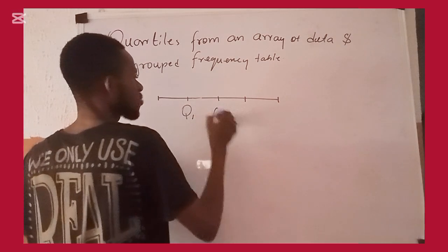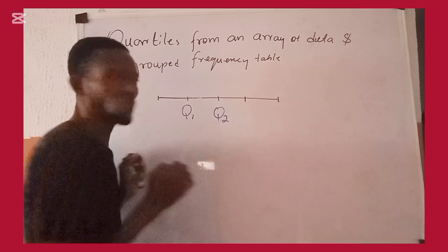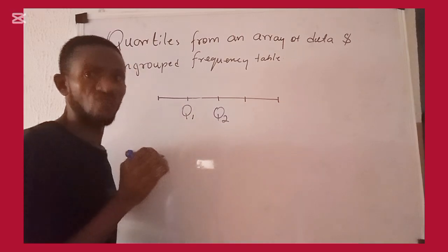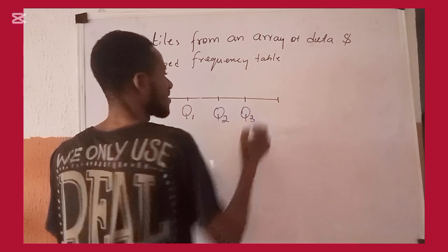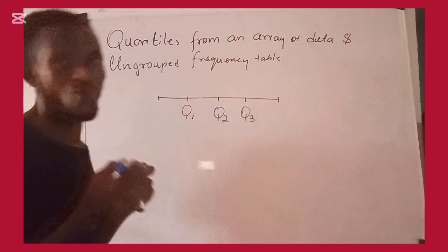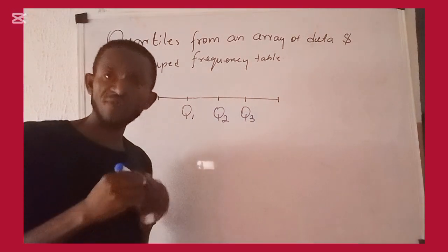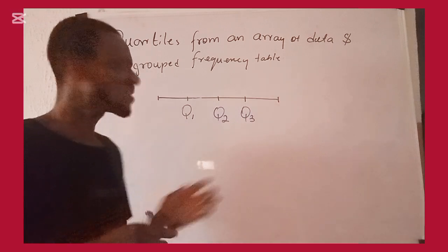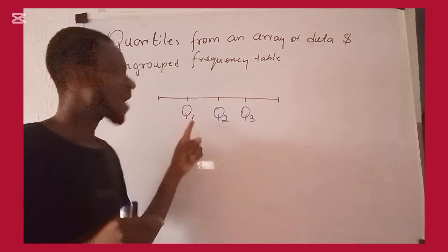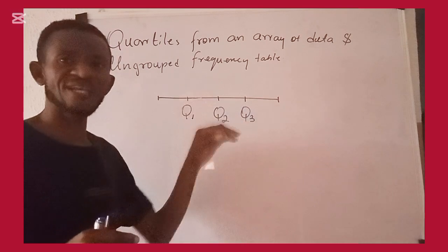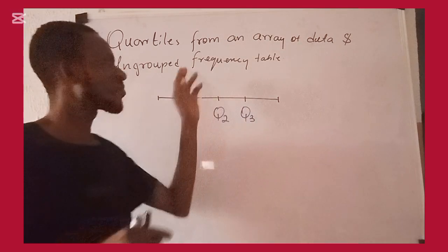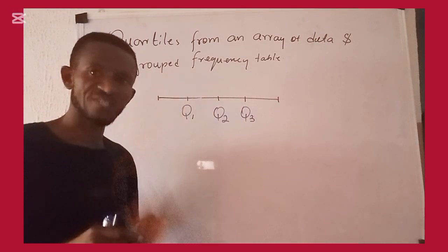And then this one is what we call our Q2, the second quartile, which is the same thing as the median. Here is what we call the Q3, the third quartile. So the concern here is, what is the formula for our Q1, Q2, and Q3 when we are dealing with an array of data and when we are dealing with an ungrouped frequency table?